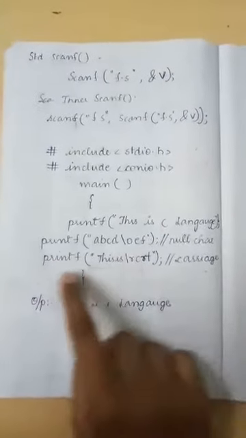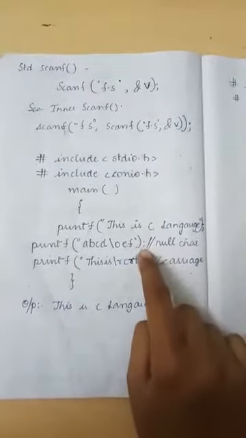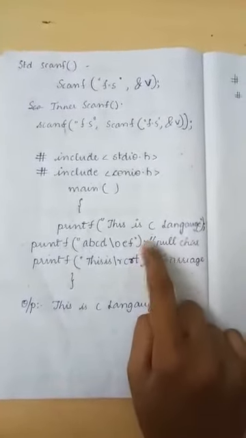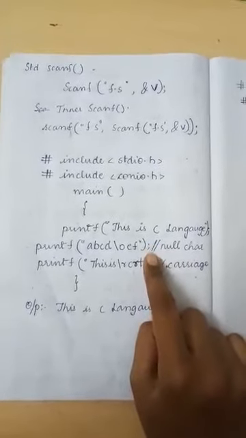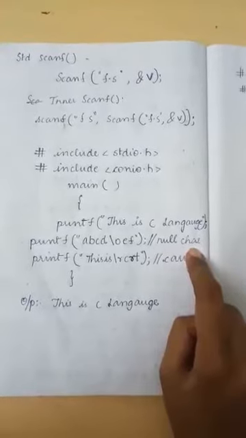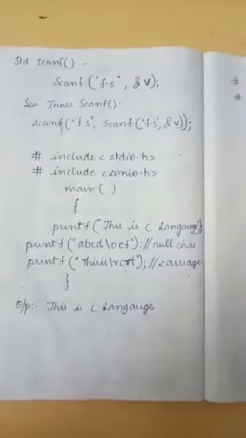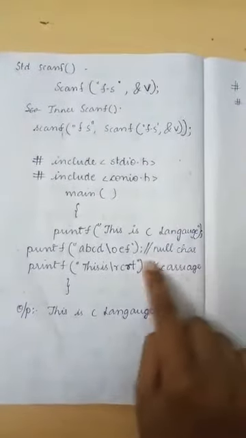And the next line is CRT. I told you in the first video that these two slashes are used to represent single line comments. These are not executed, only for reference purposes.